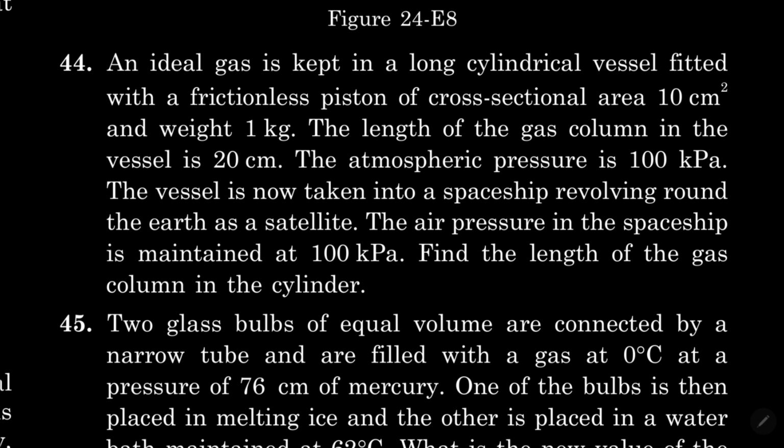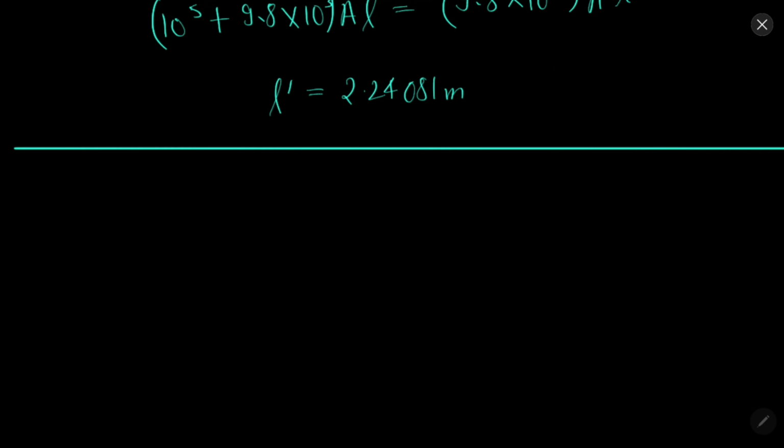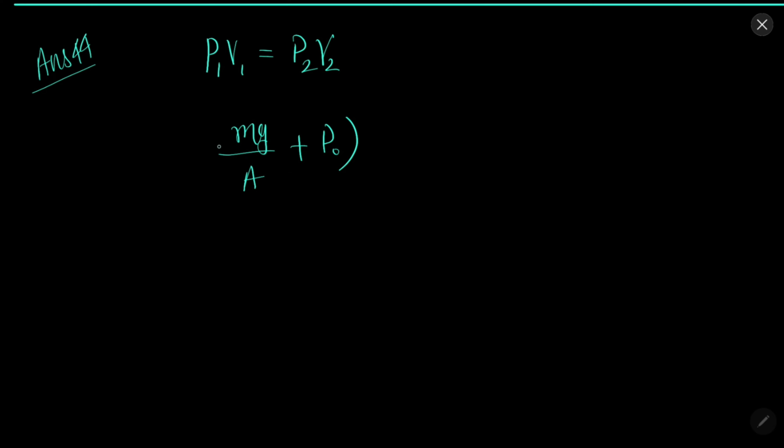In question 44, we need to find the length of the gas column in the cylinder having ideal gas. So this is solution 44. P1 V1 equals P2 V2, with mg over A plus P naught, times AL, equals P naught AL.